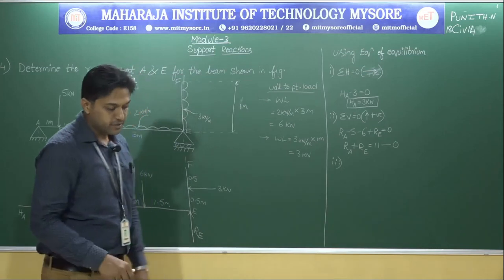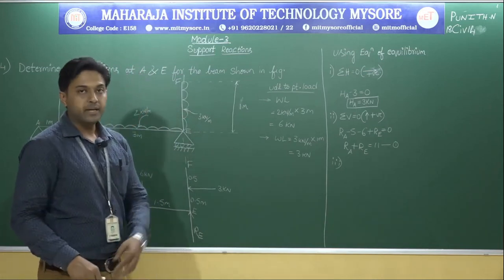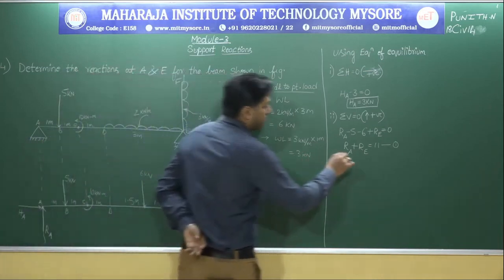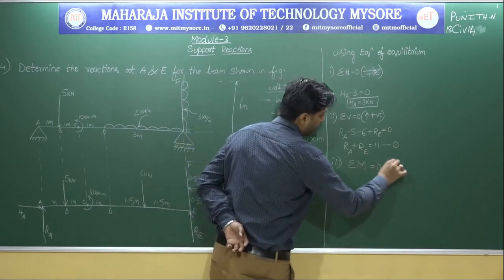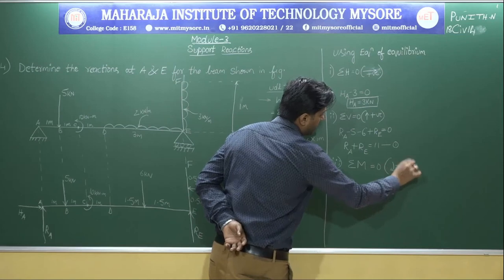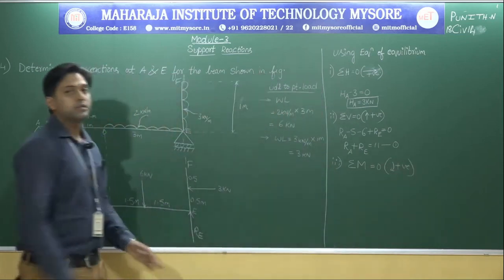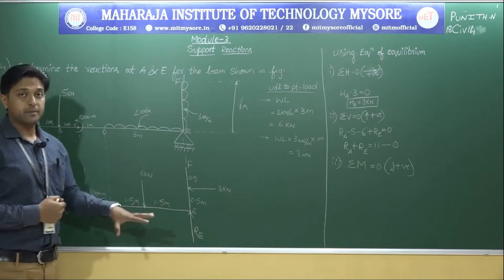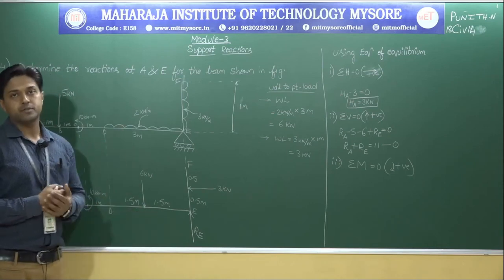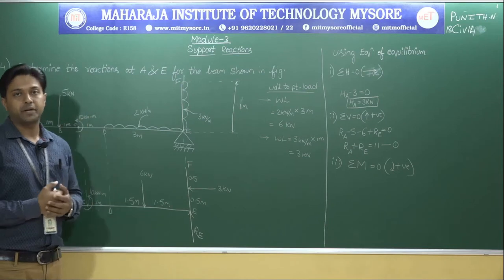So which is the next equation of equilibrium? Okay, it is sigma M. But the thing is, about which particular point shall I take it? One thing is, clockwise is positive, no doubt. In the previous classes I have told you people, at which support you have more number of unknowns, take the moment about that point.